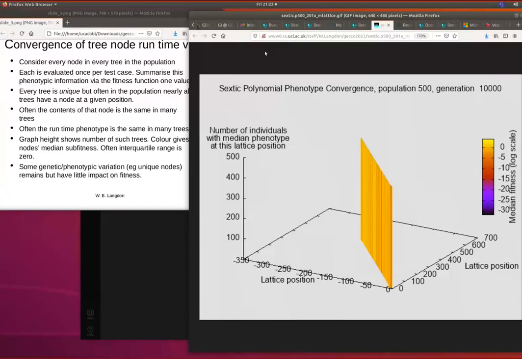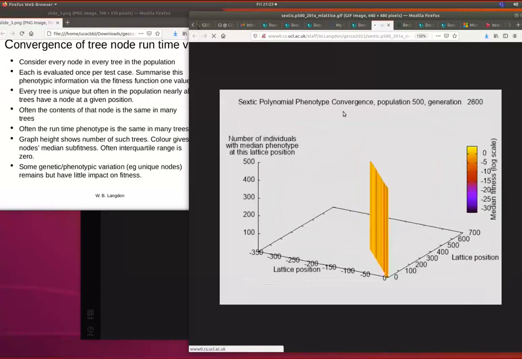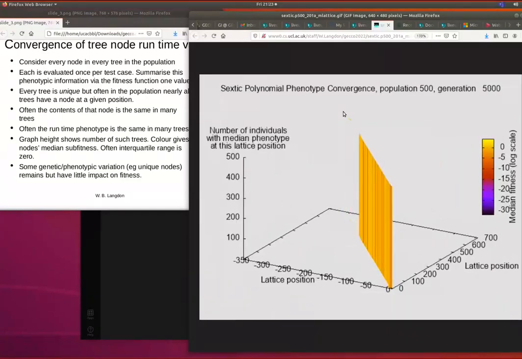So just to let that animation run. You can see over time we move away from the origin, and the population has a high degree of phenotypic convergence.